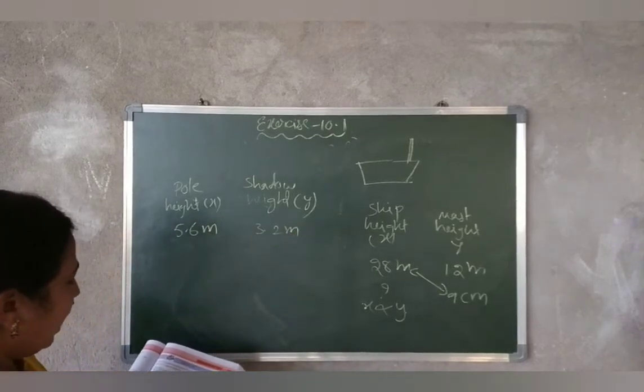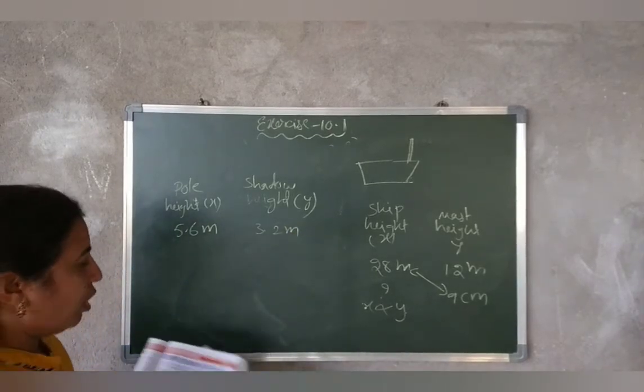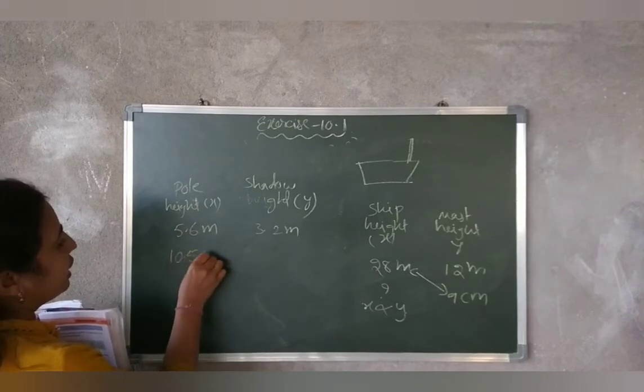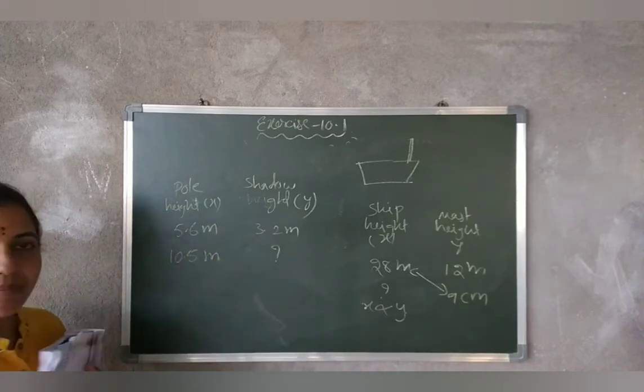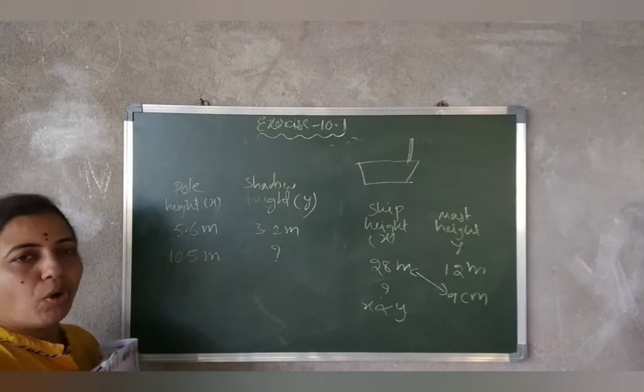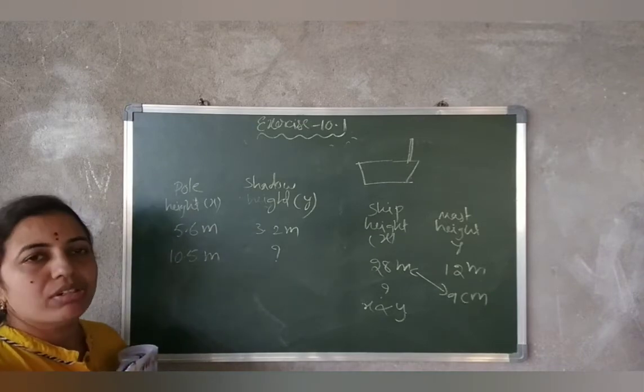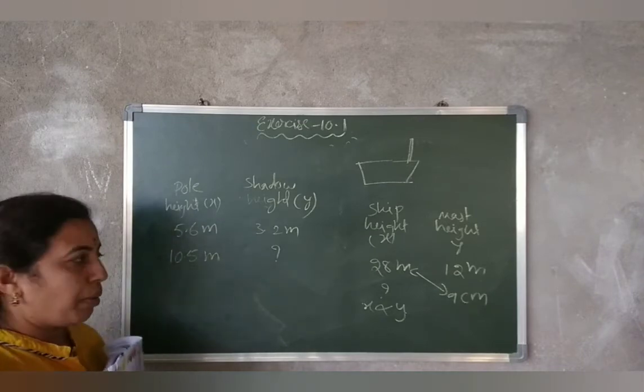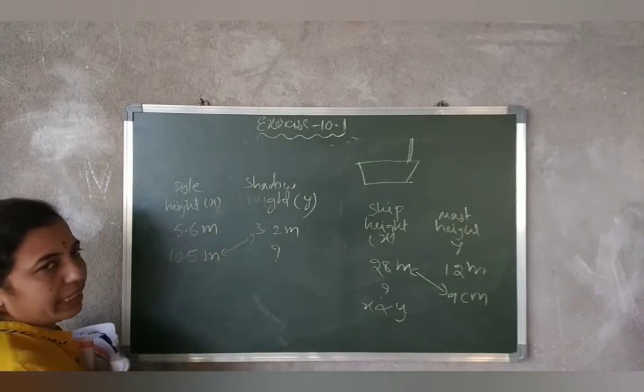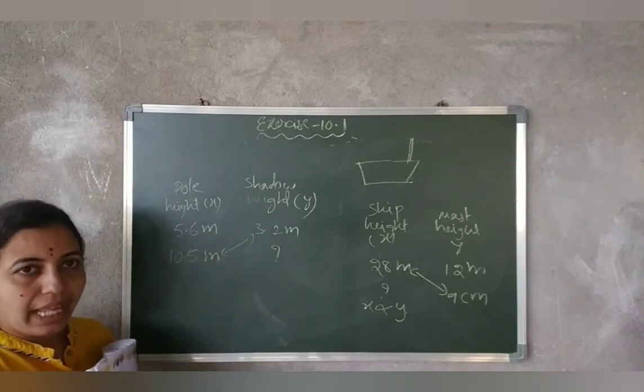First, find the length of the shadow cast by another pole when the pole height is 10.5 meters. What is its shadow height? When the pole height increases, the shadow height will also increase. So they are in direct proportion. So go for cross multiplication and then division, and you will get the answer.